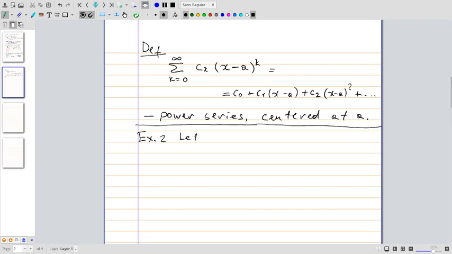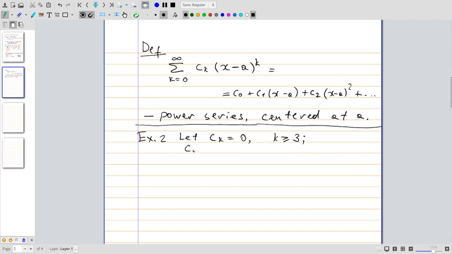So let the c_k's be 0 for k bigger than or equal to 3. This defines all the c_k's starting from this index. So we have 3 more left.